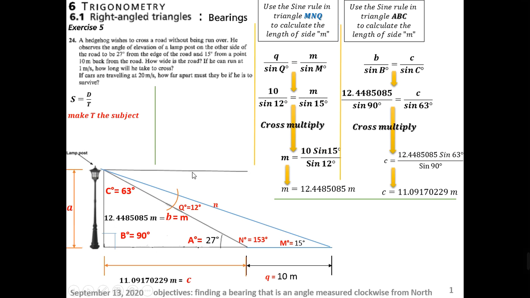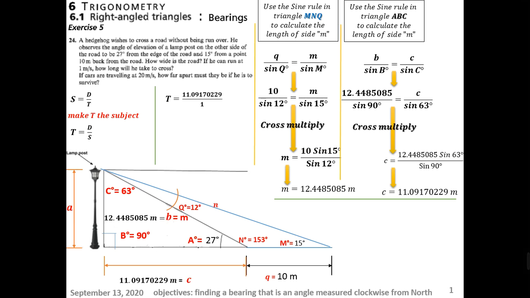We're going to get rid of the denominator by multiplying all by t. So t times s will be equal to d. We're isolating t, making t the subject, so we're going to divide all by s. So t is equal to d over s.